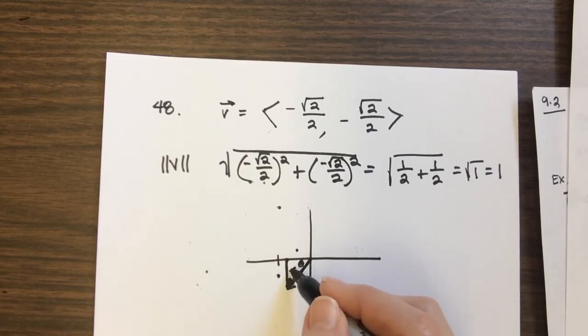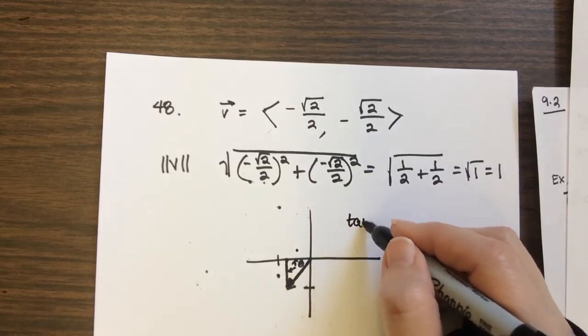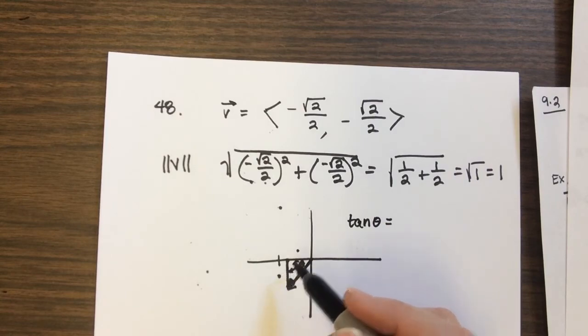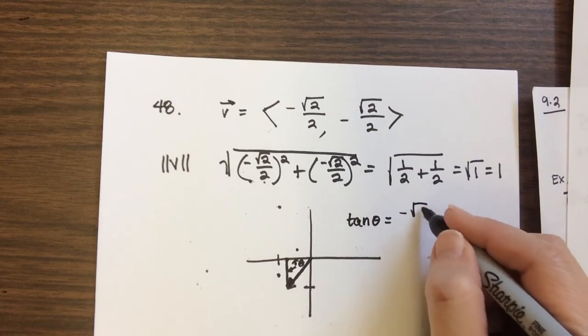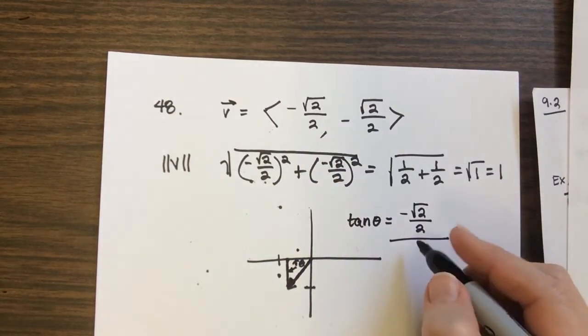I'm given this, and I'm given this. So I've got my opposite and my adjacent, which means the tangent of theta is going to equal the opposite, which is my second component, over my first component.